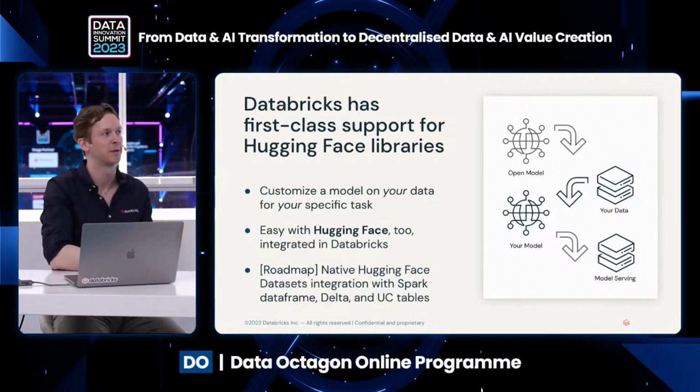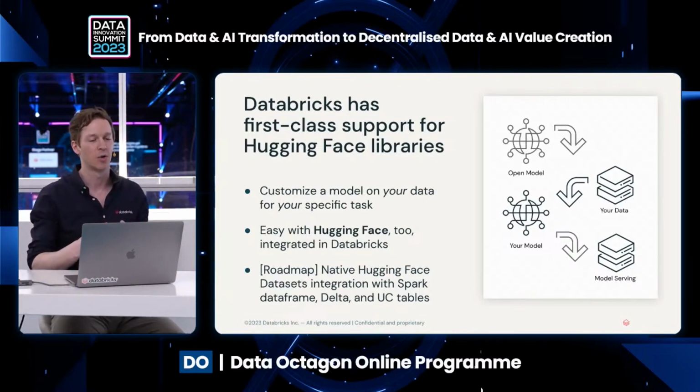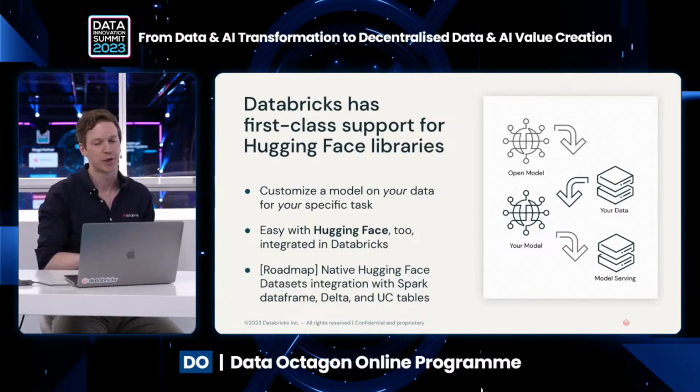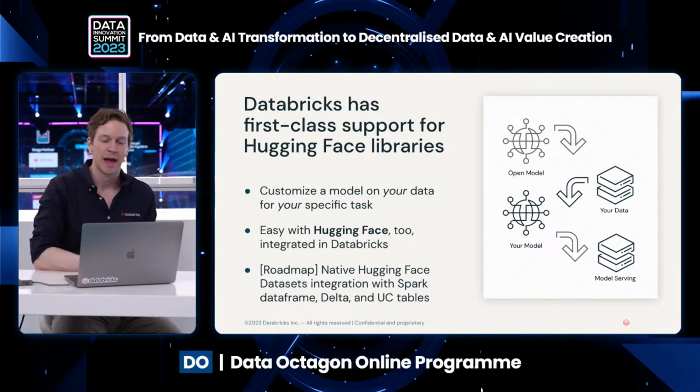Basically a hub for different machine learning models, but also for datasets. The idea is, okay, if you want to own your own large language model, you take one of these open source models, but then train it on your specific data so that the model understands your domain. And then you own this model yourself and use it for different use cases.